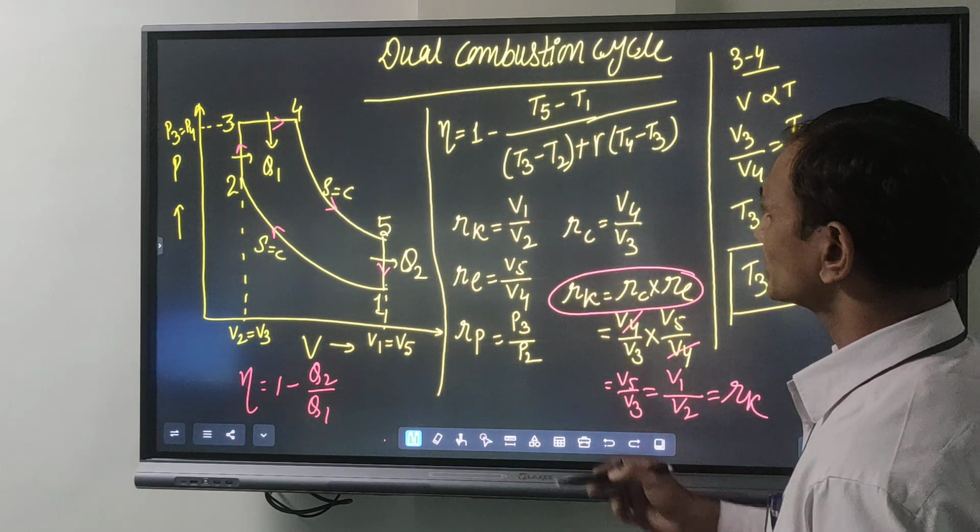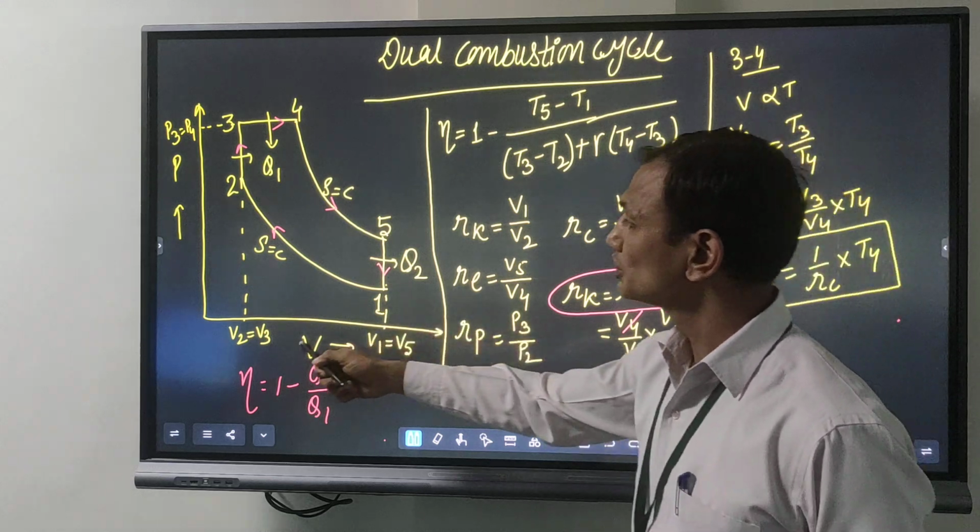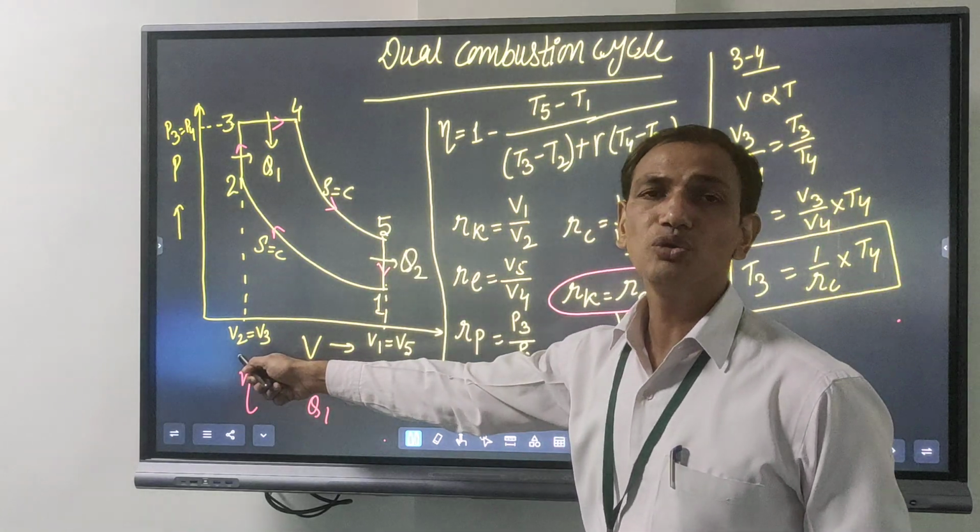Now in process 2 to 3, the volume is constant.